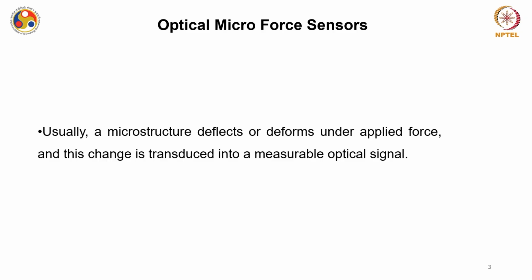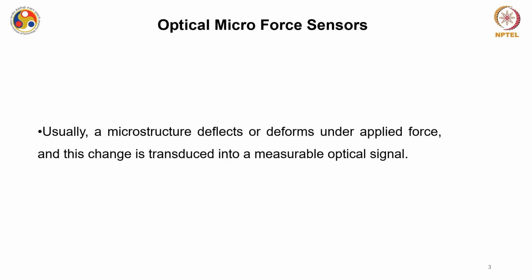Usually a microstructure deflects, meaning there is some displacement associated with it. Usually a microstructure either deflects or deforms when there is an external applied force. Of course, in the case of microsensors or micro force sensors, this deflection is very small. Sometimes it even goes to nano dimension.